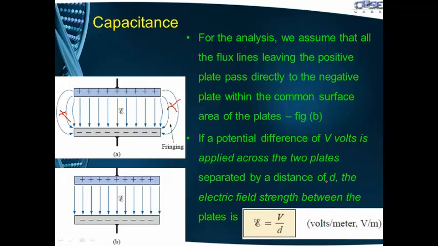Now if a potential difference of V volts is applied across the plates, and the plates are separated by a distance d, the electric field strength between these plates would be E equal to V by d, where V is the voltage between the plates and d is the separation between the plates.